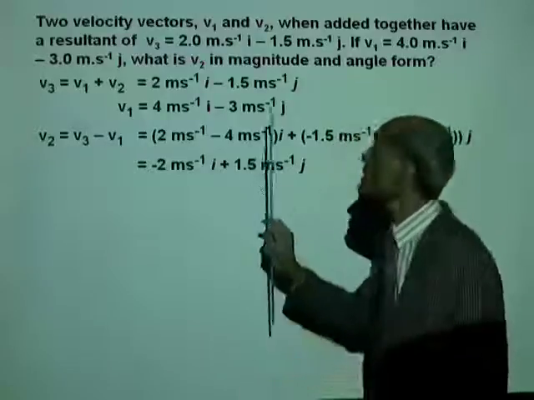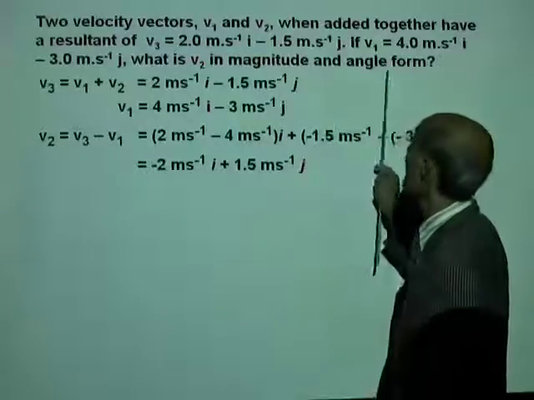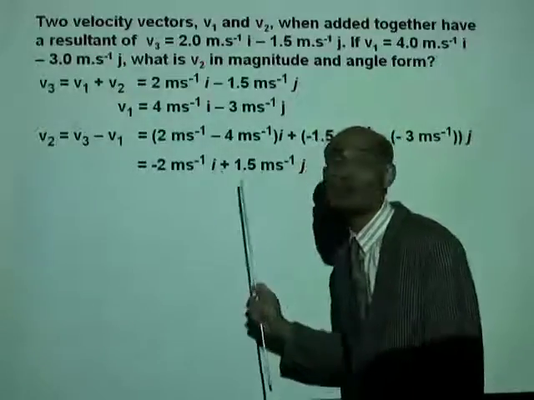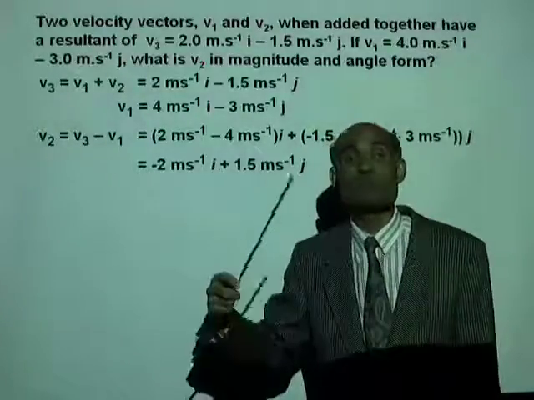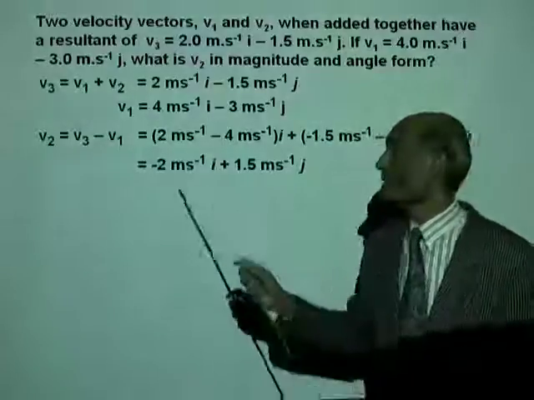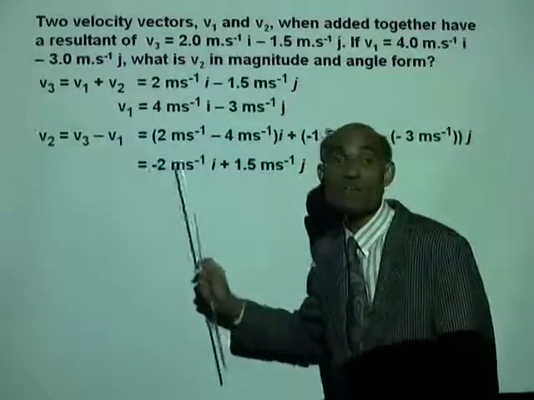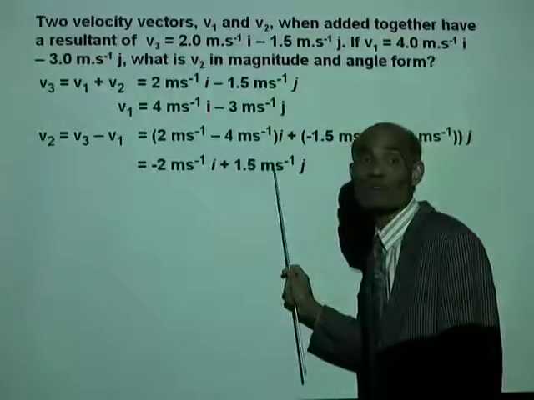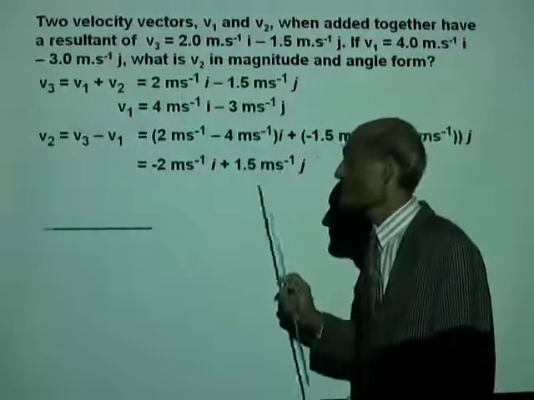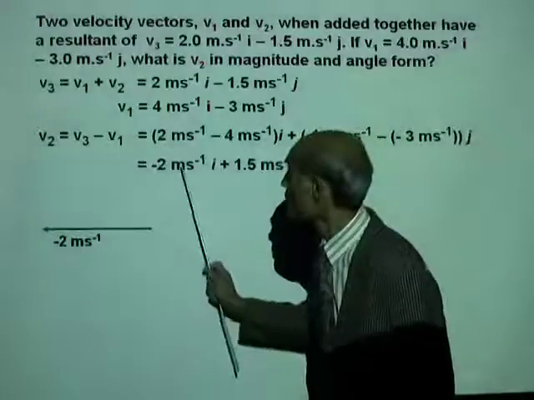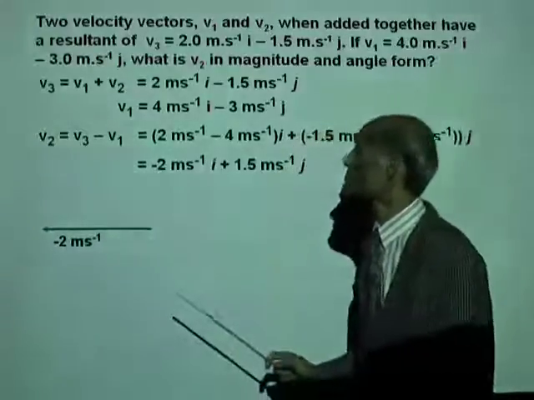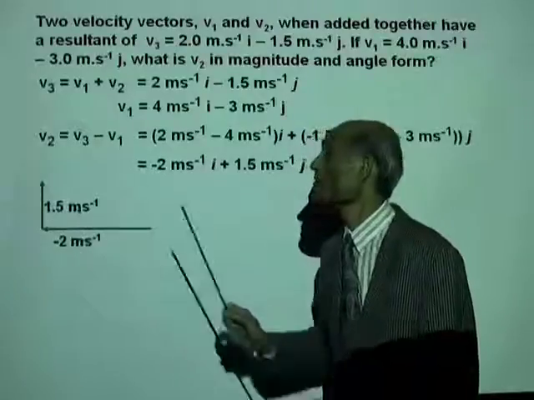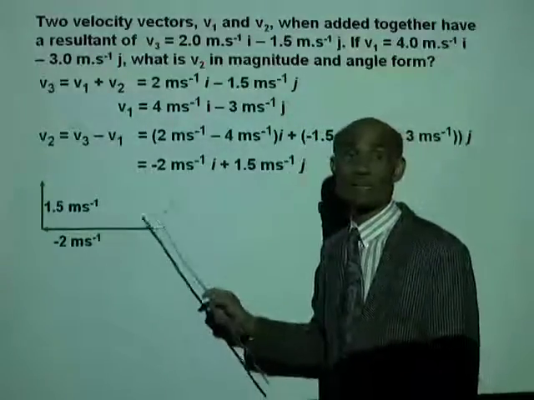Well, now we need to obtain the magnitude and angle. If you know the x and y components, how would you obtain the magnitude of the vector? Magnitude of v2 will be square root of x squared plus y squared. Right? This is the x component, negative 2 meter per second. This is the y component, 1.5 meter per second.